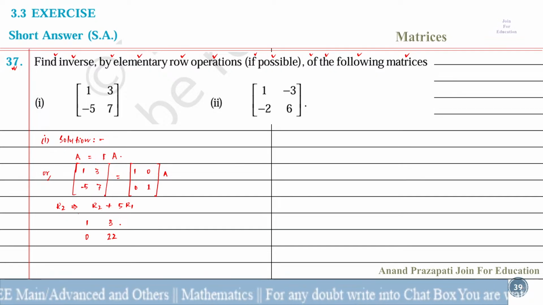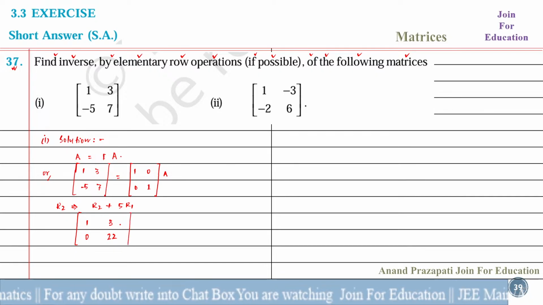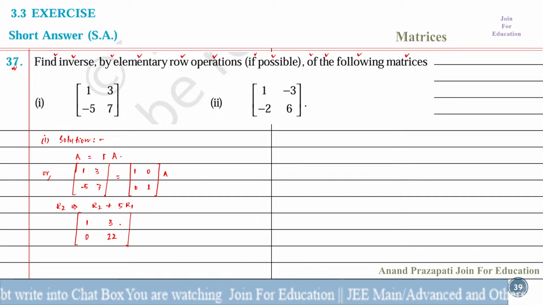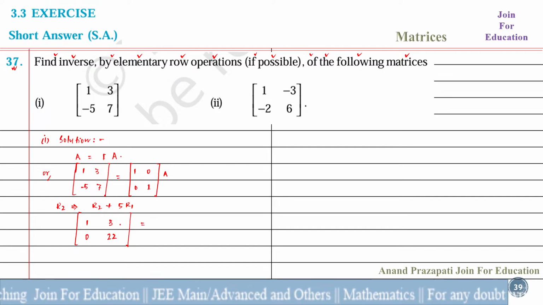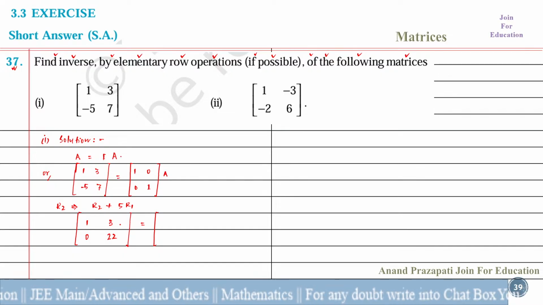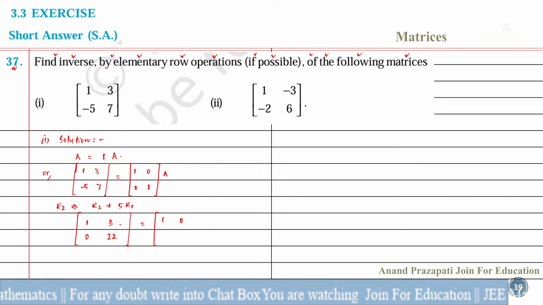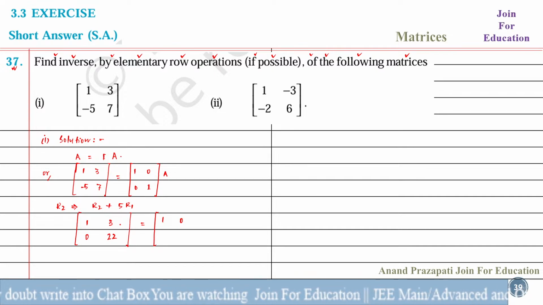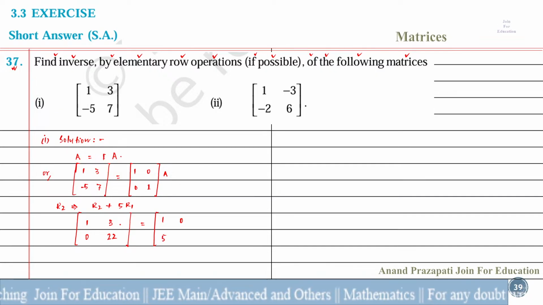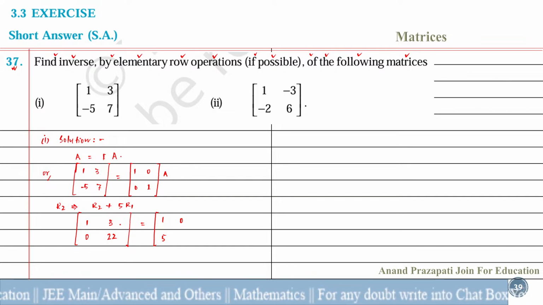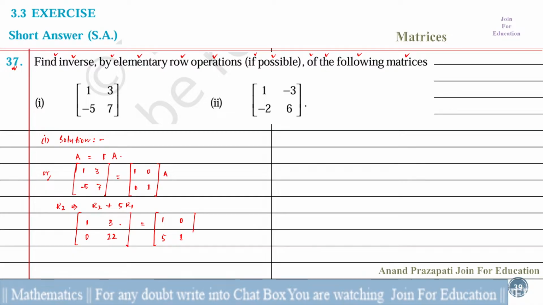And we write down here equal to 1, 0, and R2 is R2 plus 5 R1: 0 plus 5 equals 5, and 1 plus 5 into 0 equals 1 plus 0 equals 1.